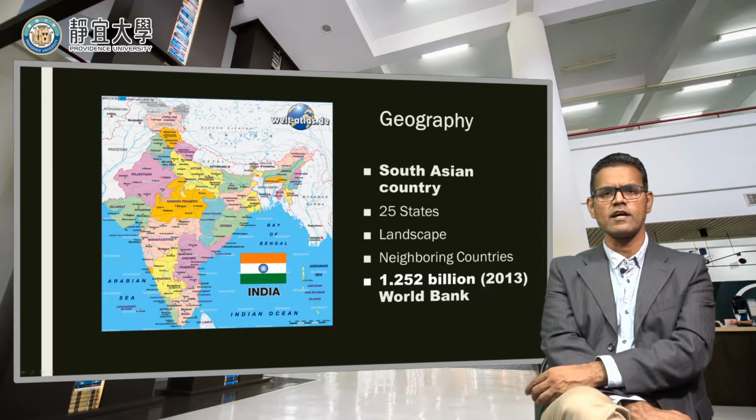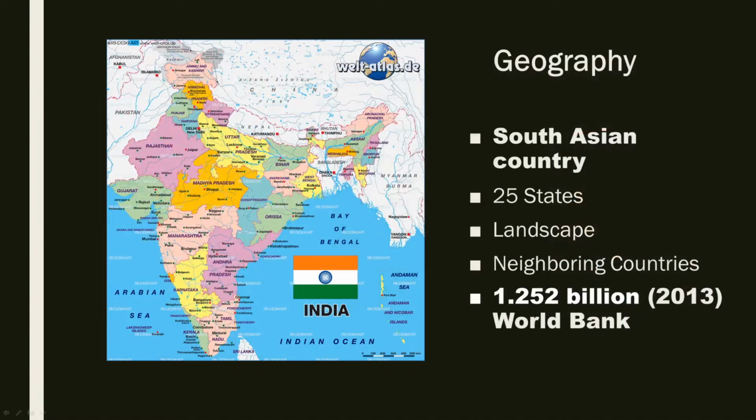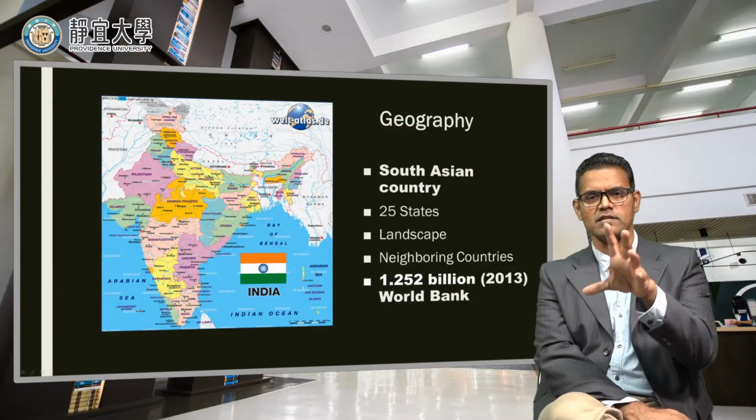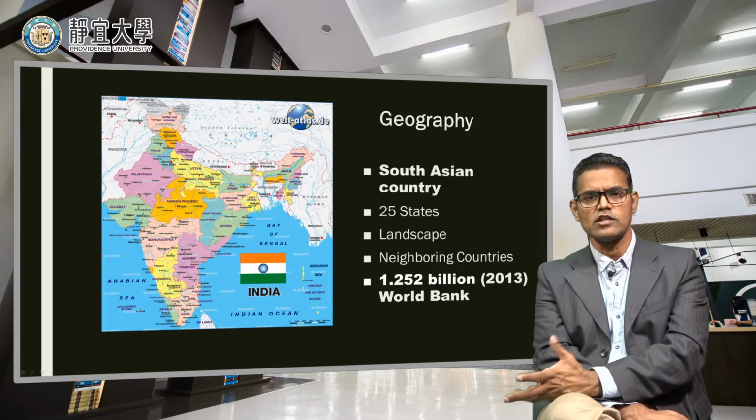Or the neighboring countries. What kind of neighboring countries are there around India? Countries like Pakistan, Bangladesh, Sri Lanka. So I'm giving the names of some countries that are the neighboring countries. For those countries, India is, I would say, to a certain extent, a dominating country.